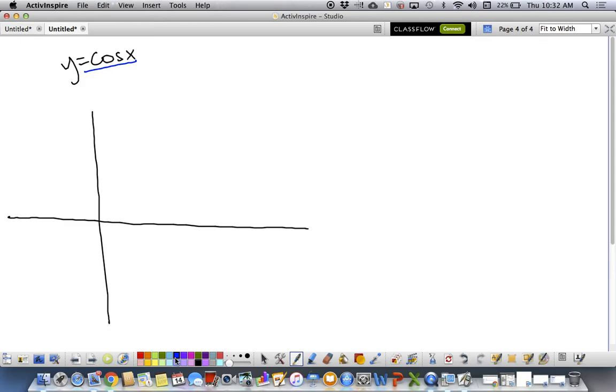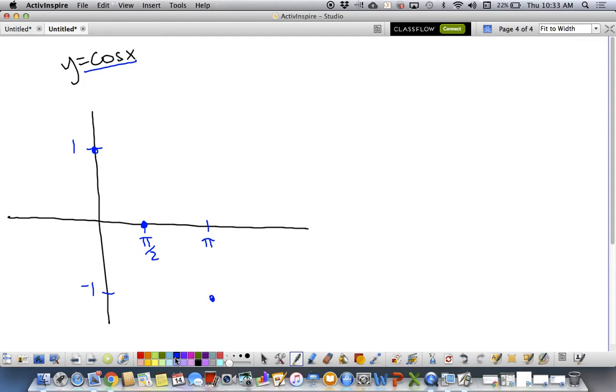It is not. But where does the cosine function start? At 1. And then where does it go? It goes to 0 at pi over 2, then down to negative 1. What's the x value? It is pi.